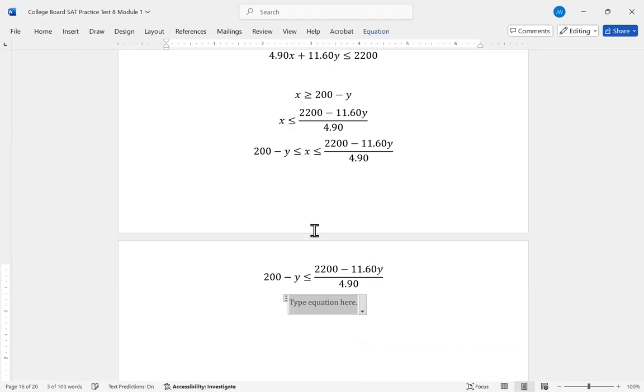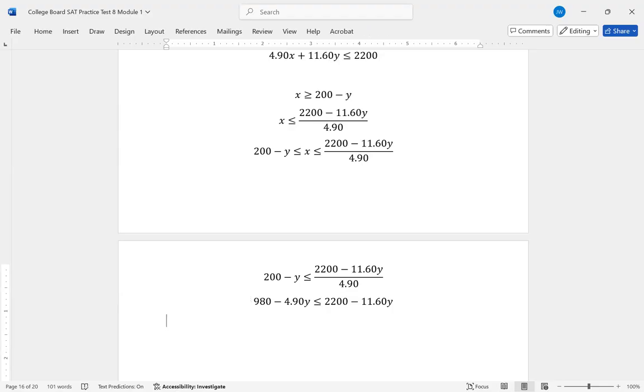So we would multiply both sides by 4.9. Multiplying both sides by 4.9 gives me 980 minus 4.90Y on the left-hand side. We maintain our direction of inequality because that's multiplying by a positive. We get 2,200 minus 11.60Y.